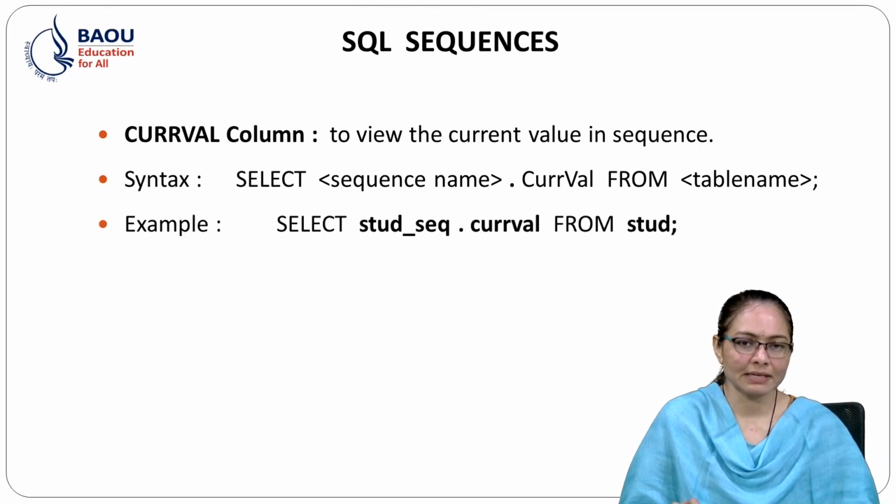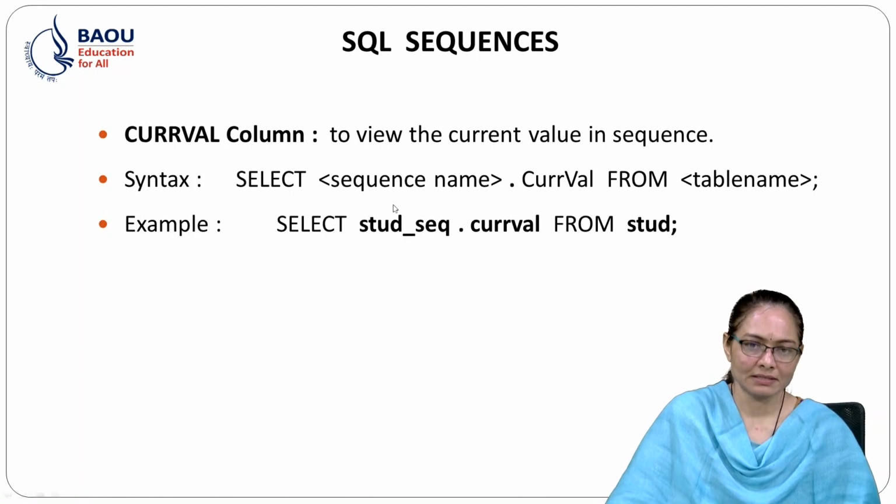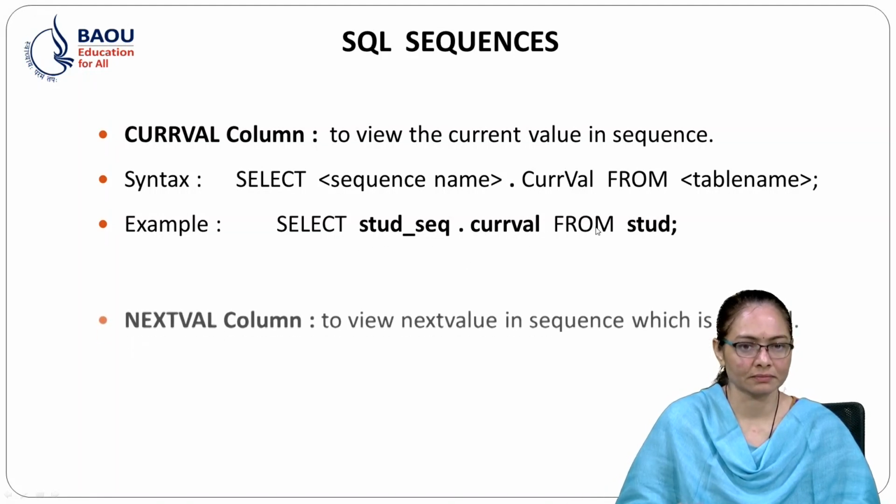The example is select, then the sequence name dot curval from student. This is the column name. It is not generated by us. It is already an inbuilt column name of the sequence. So, if we want to view the current value in a sequence, write down this command: select sequence name dot curval from student.